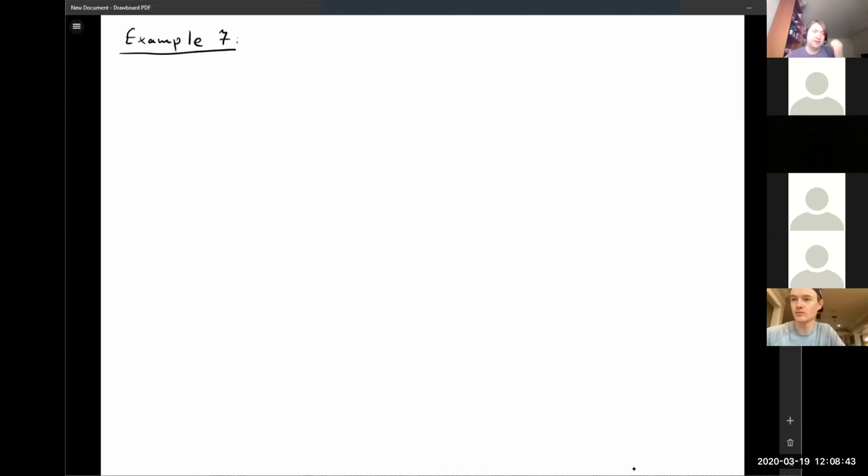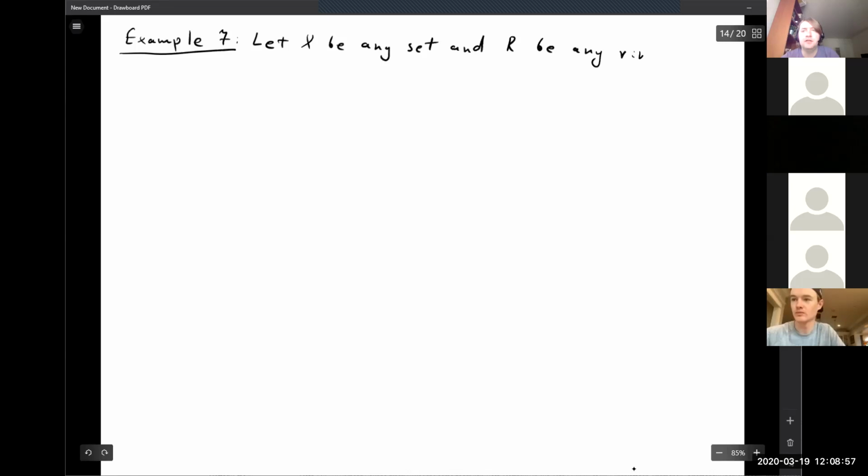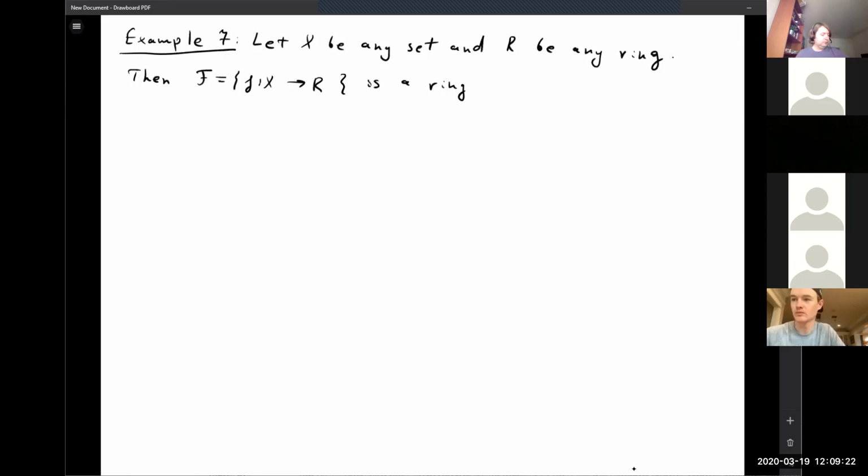So remember that if X is any set, so let X be any set, and R be any ring, then the collection of functions f from X to R is a ring on its own.